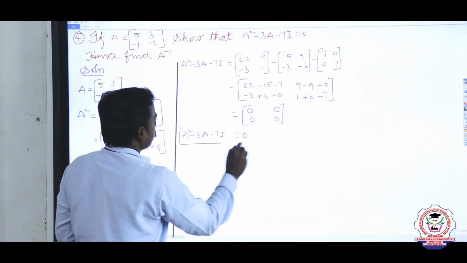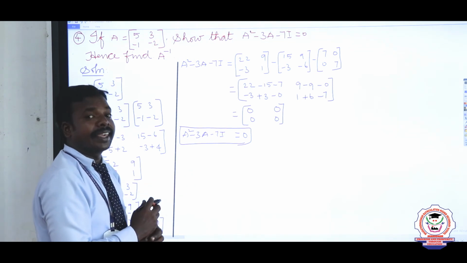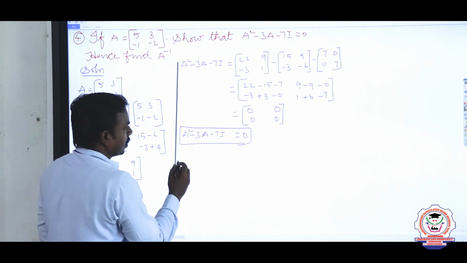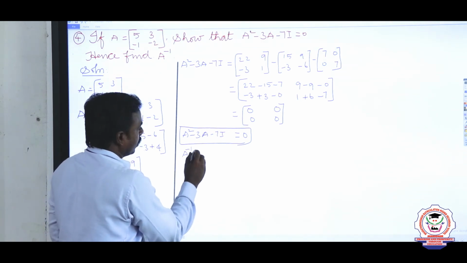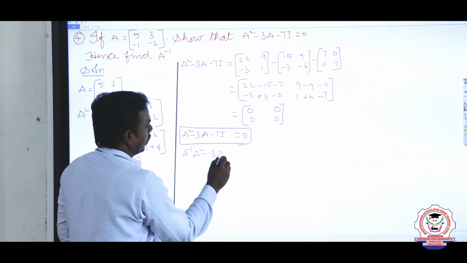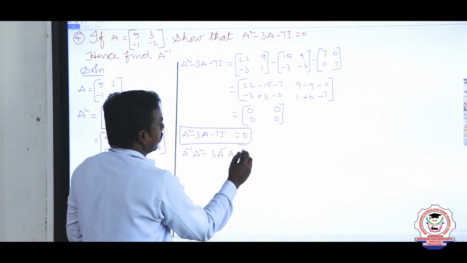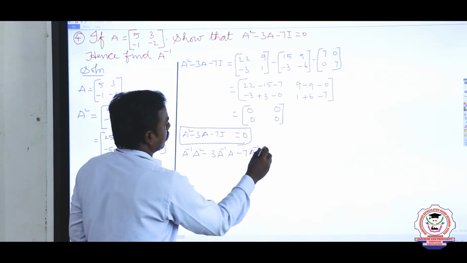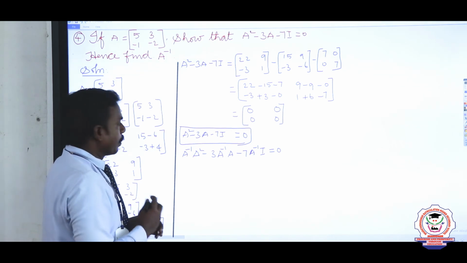From this, I am going to post-multiply by A inverse. So I multiply A inverse with every term of this equation: A inverse into A squared, minus 3 into A inverse into A, minus 7 A inverse into I, equals 0.